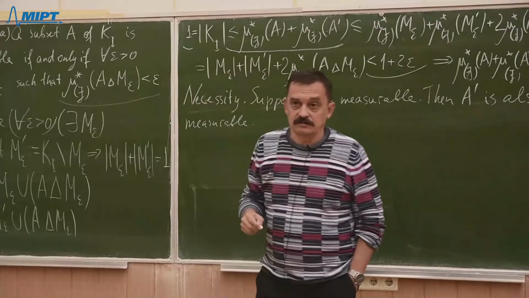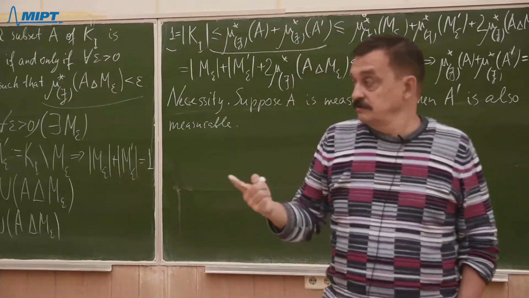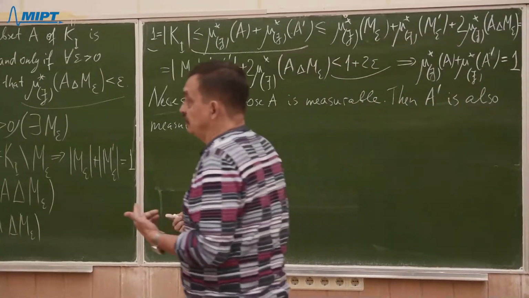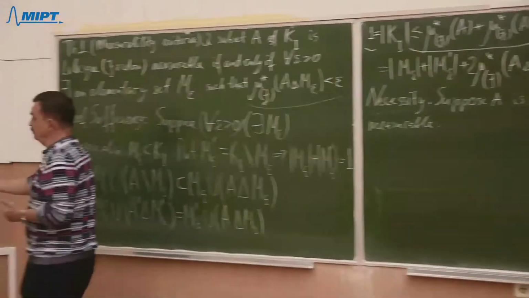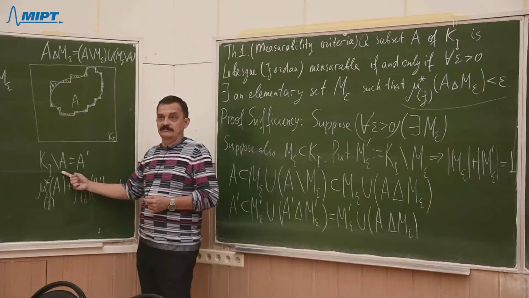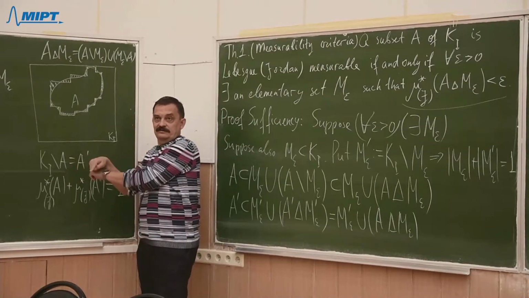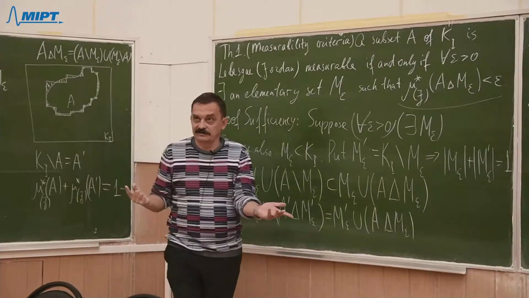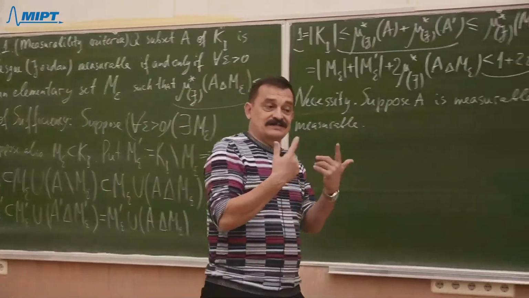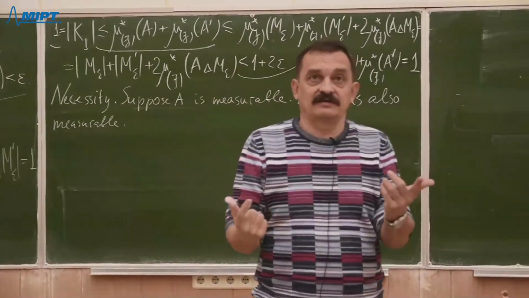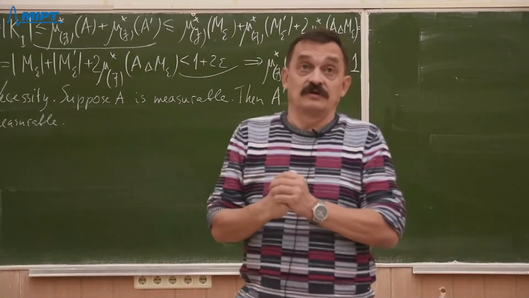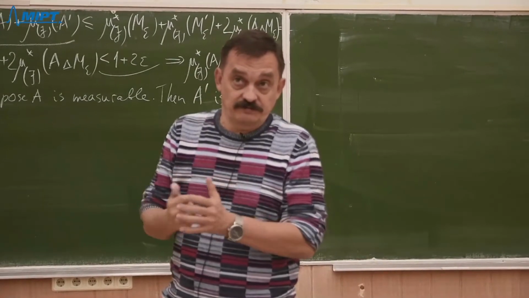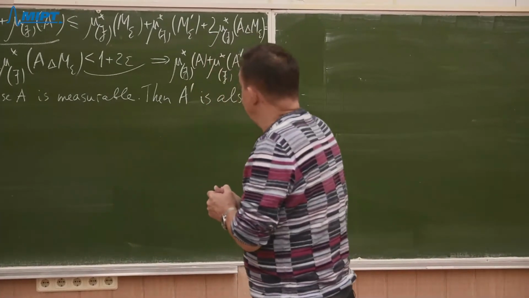Why? Because according to the definition, if I take A prime instead of A, then they interchange, and the condition is the same. So once a set is measurable, its complement to the cube is automatically measurable as well.